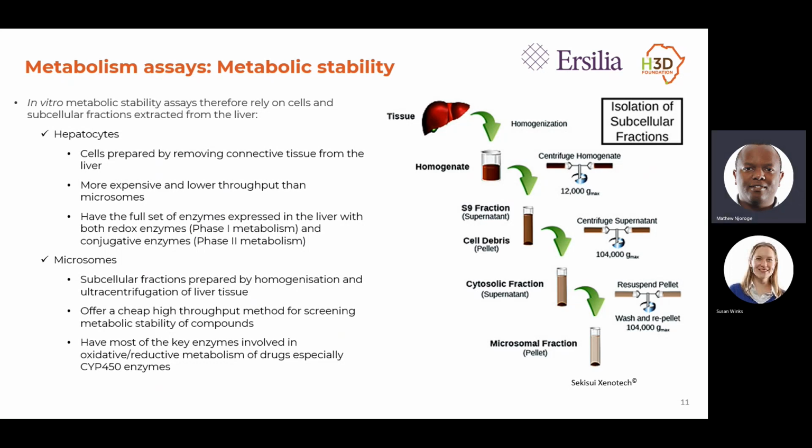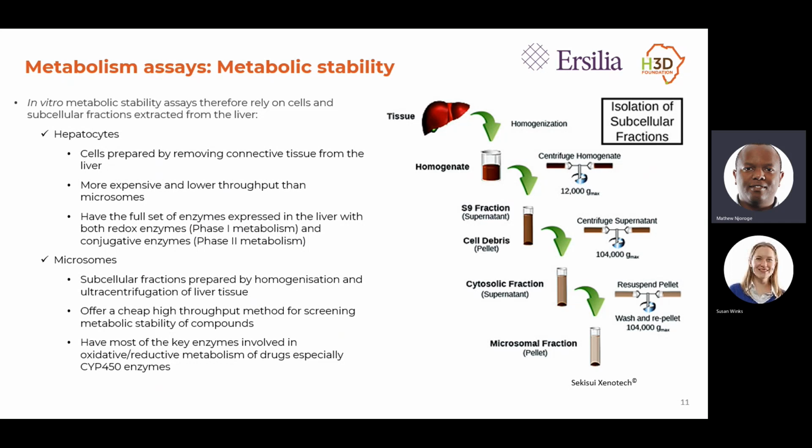A small shortcut to that is using microsomes. And microsomes are essentially ground up portions of the liver. So we start from the liver, we grind it down into a paste, we centrifuge it and extract out the portion that contains the drug metabolizing enzymes that we're interested in.